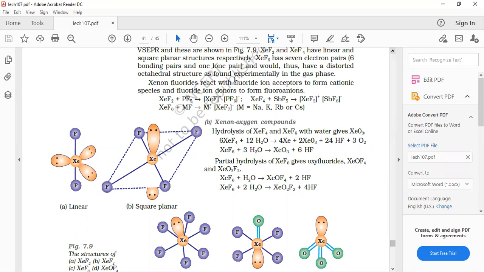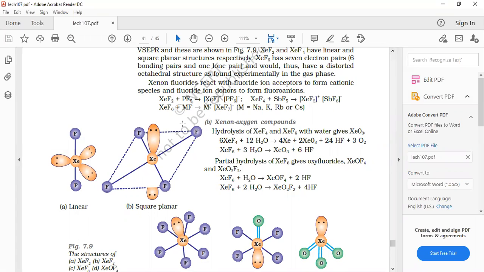XeF4 plus antimony pentafluoride gives XeF3 plus. And with metal fluoride donors it forms fluoroanions, that is XeF7 minus. We can use sodium, potassium, rubidium or cesium as the metal fluoride.